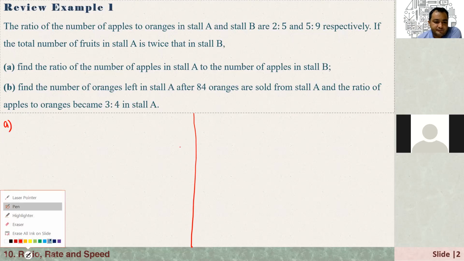It says that the ratio of the number of apples to oranges in stall A and stall B are this. So we are talking about two different stalls.